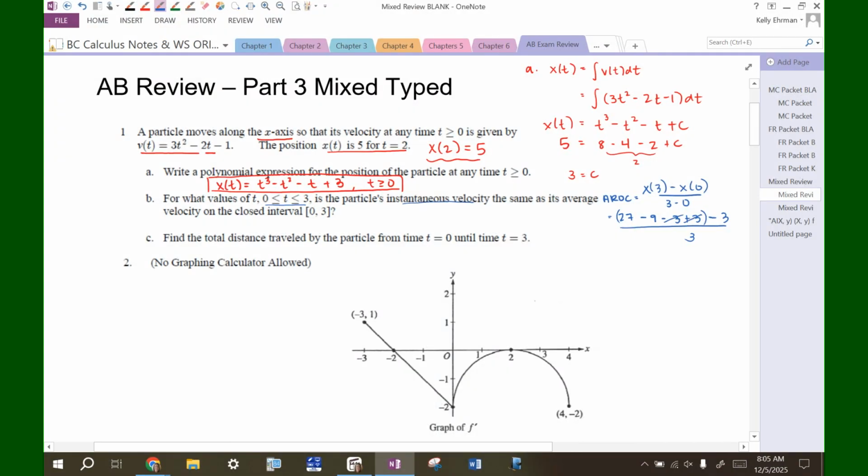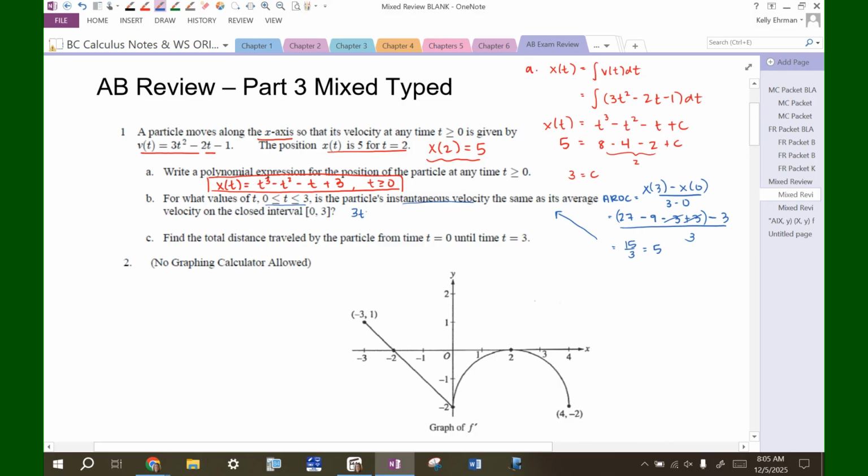Okay, so minus 3 plus 3, 27 minus 12 is 15 over 3. So AROC is 5. All right, and then I'm coming back over here. Again, sorry for the messiness here. And then I need to set v of t equal to 5.